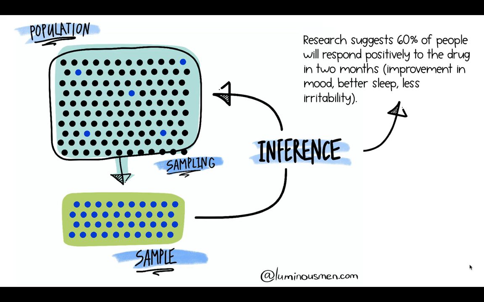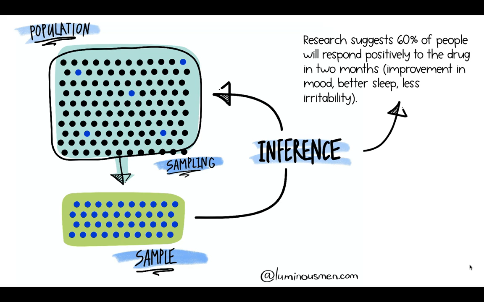Maybe we collected information on their sleep, how they were feeling with their mood, how irritable they were. All that data that we collected, if we presented that in a histogram or a pie chart or whatever, that's going to be our descriptive statistics. That's not giving our opinion at all. Descriptive statistics just looks at the facts, and it's hard to argue with descriptive statistics.